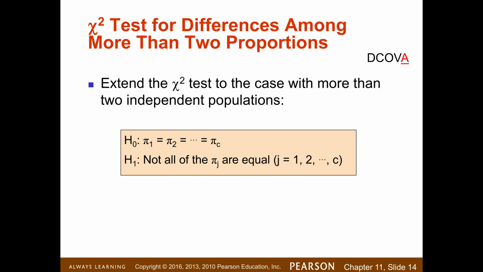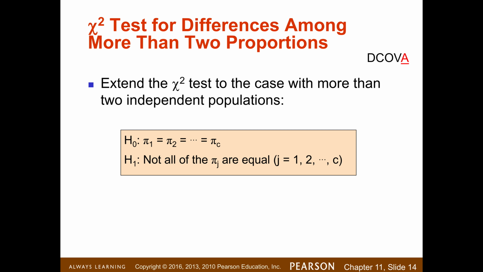So we can extend this into more proportions. We don't necessarily have to just compare proportions over 2 like we did with left-handed over males and females. Maybe we want to compare left-handed across some political parties, maybe Republican, Democrat, and other, in which case we would have more than 2 independent populations.